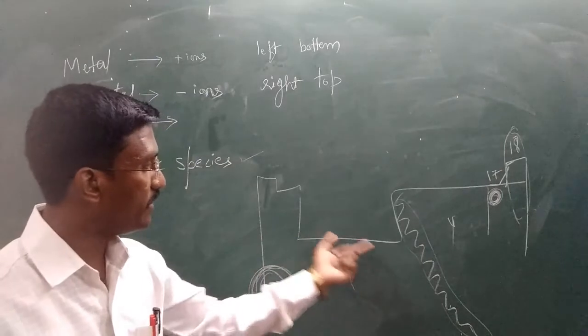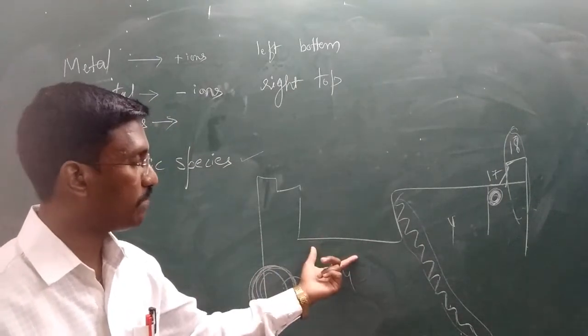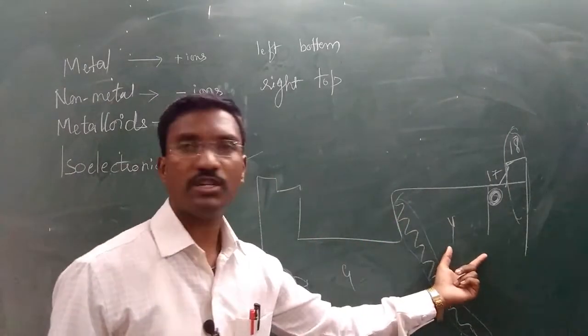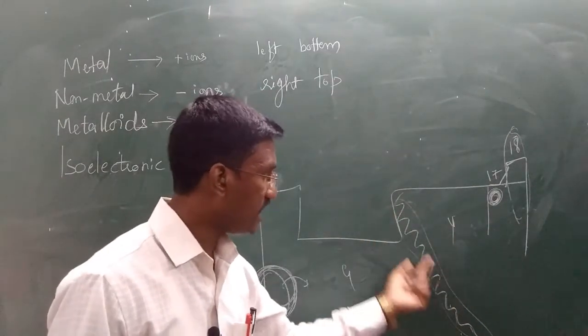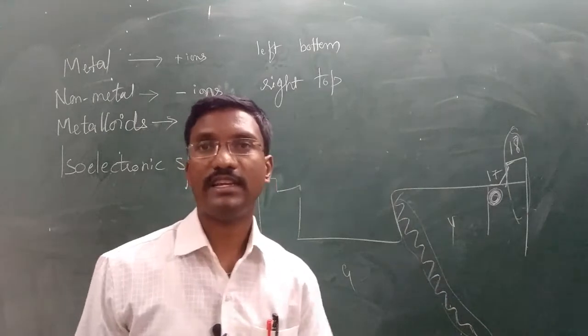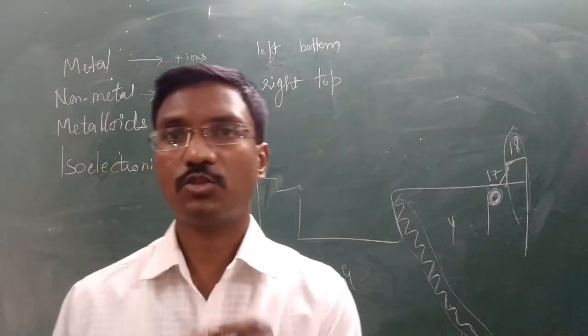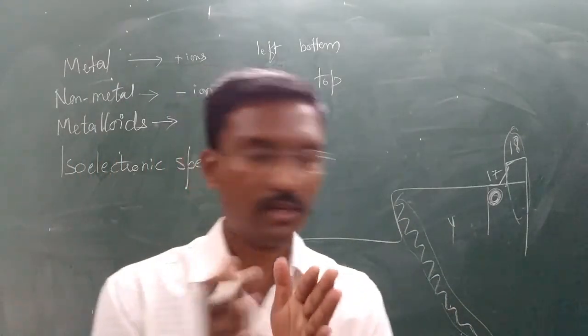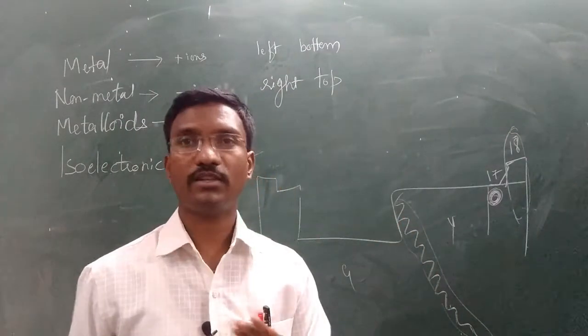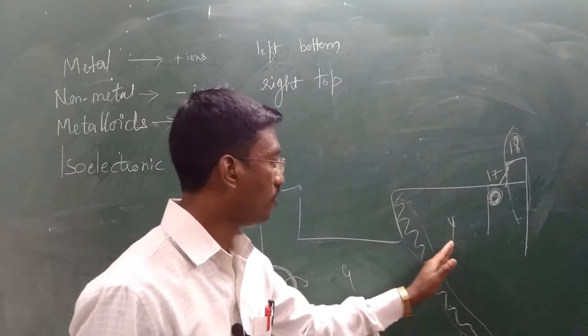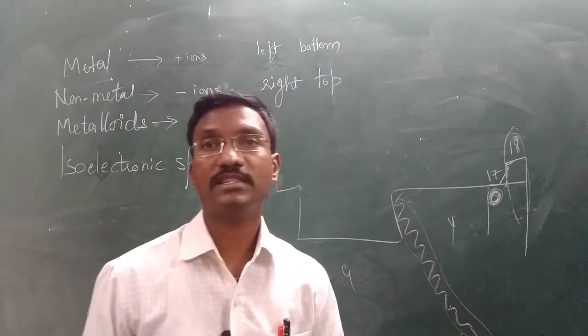These are the elements which exhibit metal property, and these exhibit non-metal property. The zigzag elements are the border between them. Some of these elements have similar properties of both metal and non-metal, and for that reason they are called semi-metals.